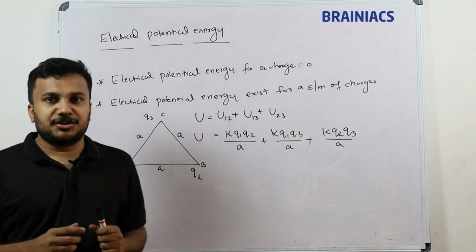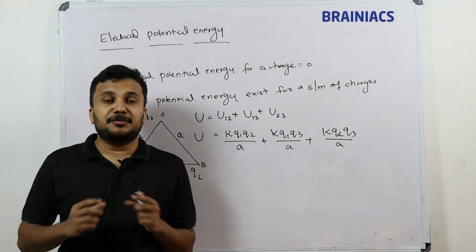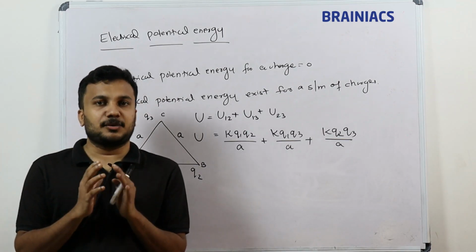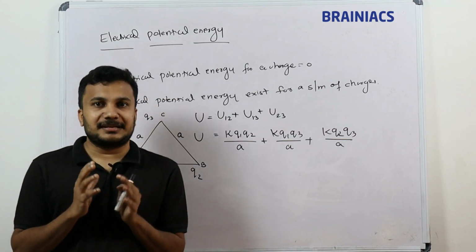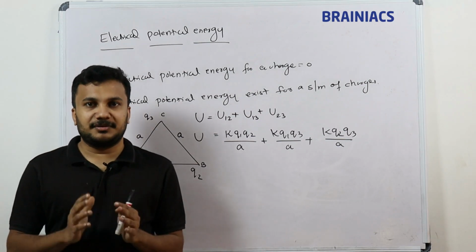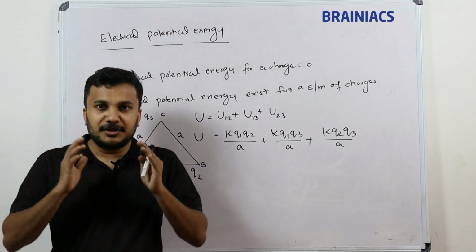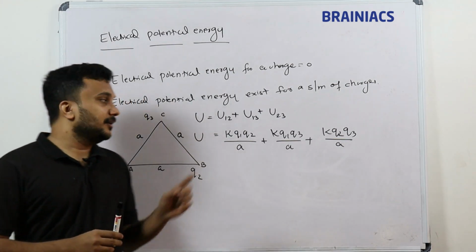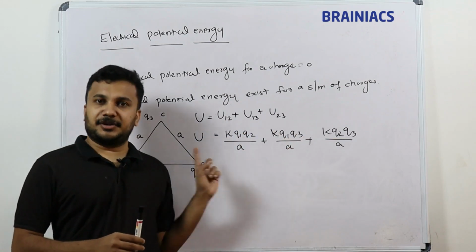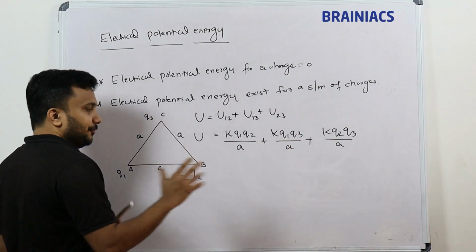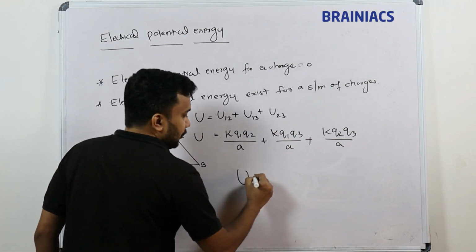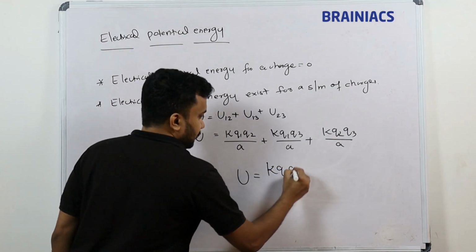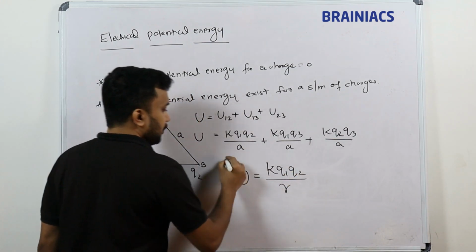So electrical potential energy is applicable for a system of charges, which means two charges are necessary, then only electrical potential energy exists. Minimum 2 charges are required, then the total potential energy can be found. In very short, you only have to remember this equation: U equals K into two charges Q1, Q2 divided by the distance between them.